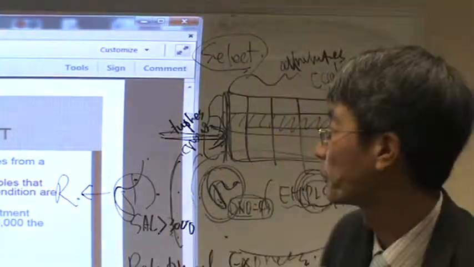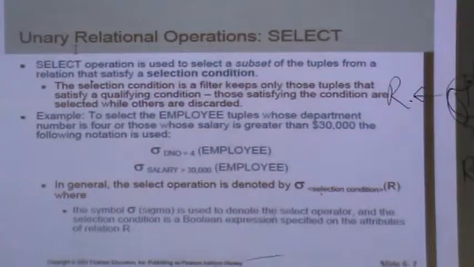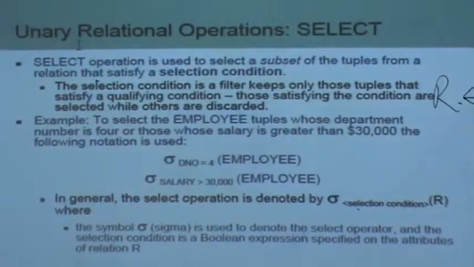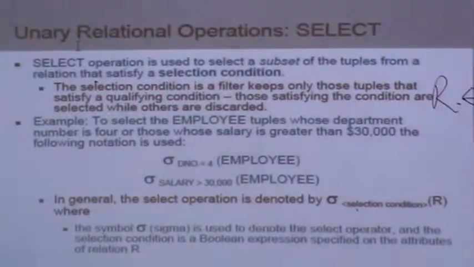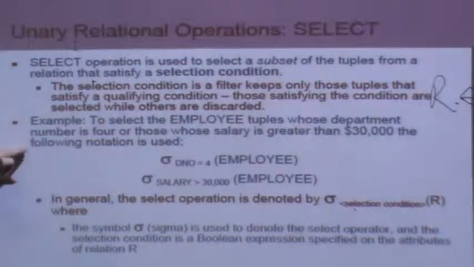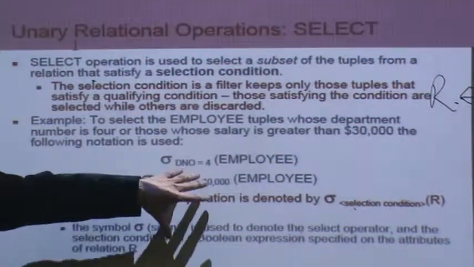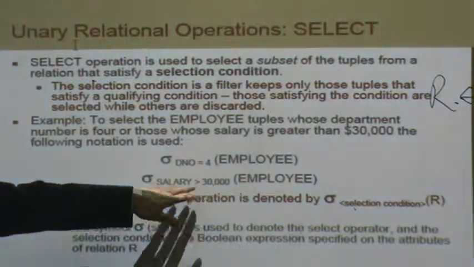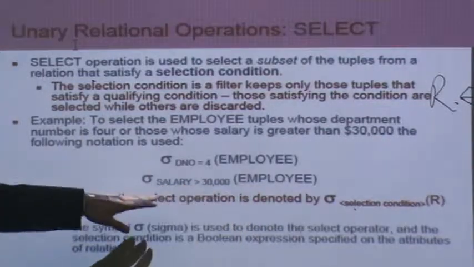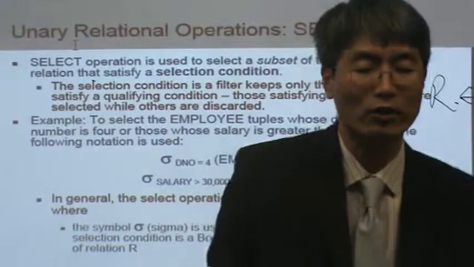For example, to select the employee tuples whose department number is 4, or those whose salary is greater than 3,000, we use the following notation. This is the employee whose department number is 4, and this one is whose salary is bigger than 3,000. This is the select condition.